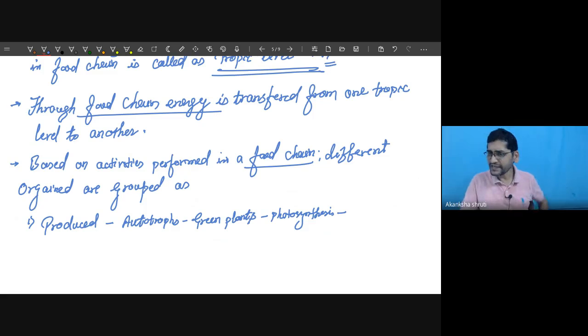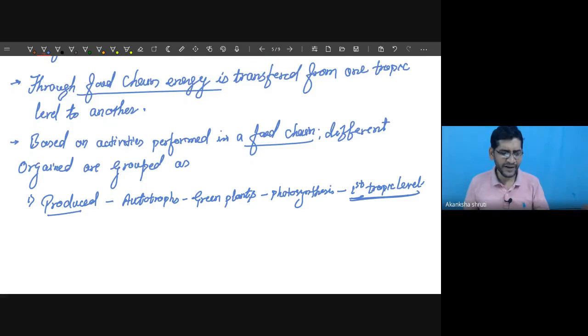Therefore, they are placed at the very basic level of the trophic level, called the producer level or first trophic level.